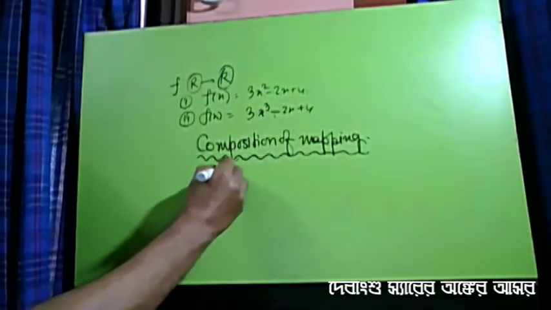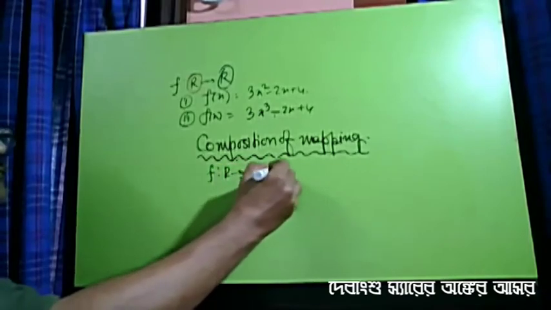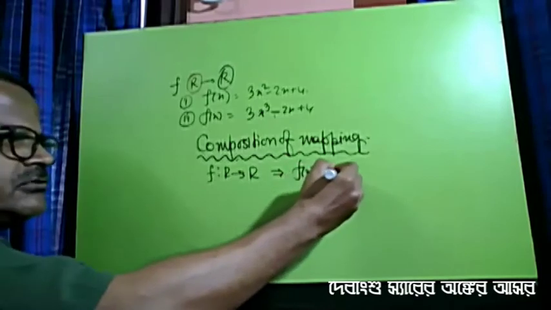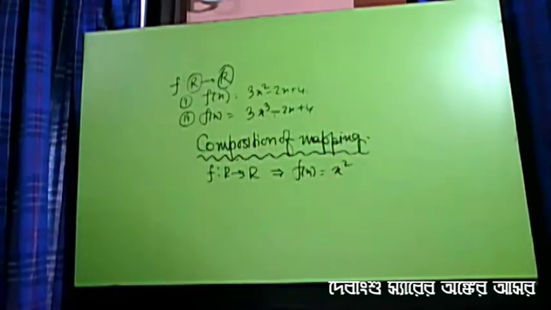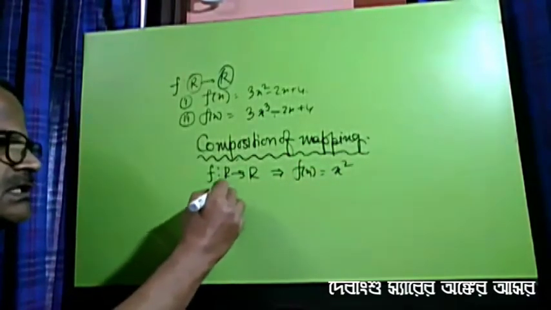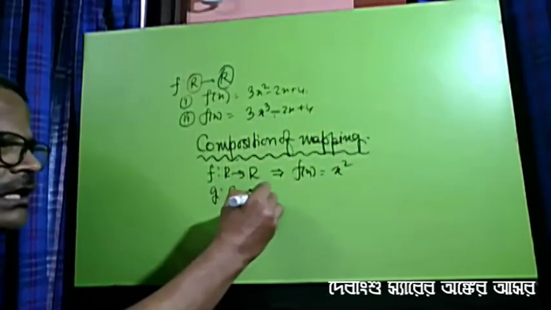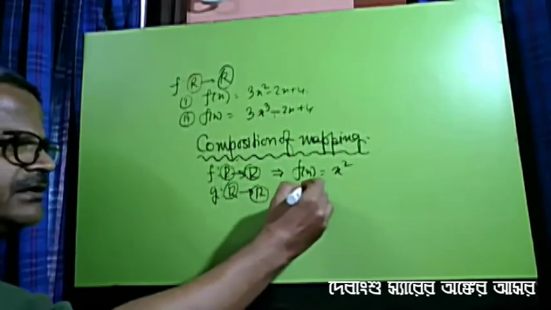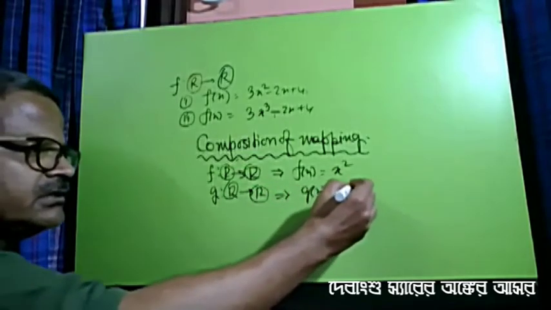Suppose F from R to R defined by Fx is equal to x square. G from R to R, all the sets must be equal, defined by Gx is equal to x cube.